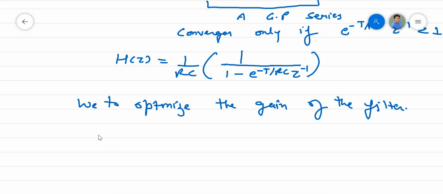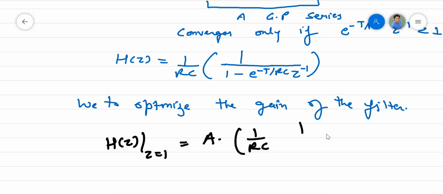To set that, we will substitute z equals 1 in this H(z), and multiply this particular term with an arbitrary optimization constant A. So A times 1 by RC over 1 minus e to the power minus T by RC will be equal to 1. Then it is optimized, right?